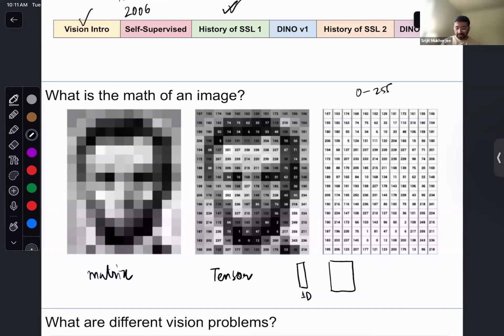And when you have color channels, they're 3D tensors, something like this. So in general, that's why we call it a tensor. And if you code it out in PyTorch, it's also called a tensor. But since we are low dimensional creatures, you can even think of an image as a matrix mathematically.